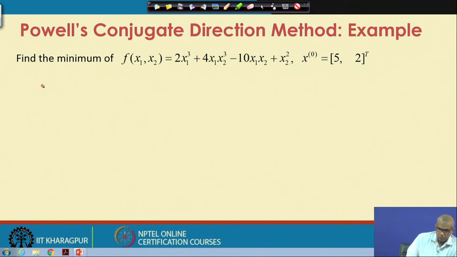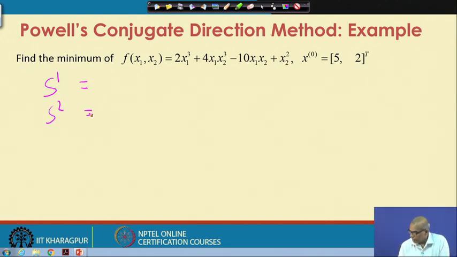So, to start with, I have to define the search directions. How many search directions? 2 search directions, S1 and S2. So, we can consider the coordinate directions.